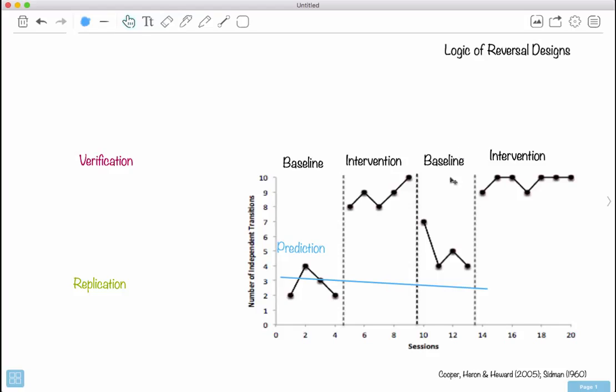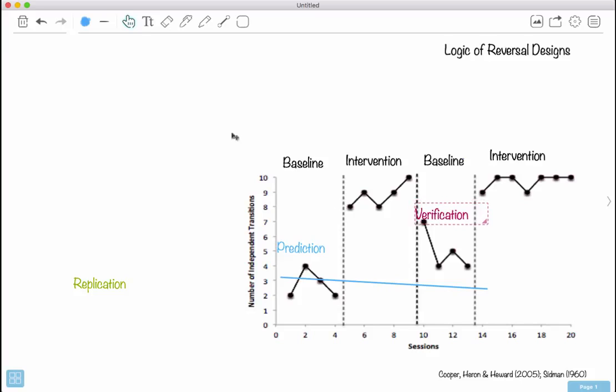So we reverse back to baseline, or we withdraw the intervention, and that's where you get the term withdrawal. Withdraw the intervention, and we see that the baseline is beginning again to show this decreasing trend, this decreasing slope, similar to prediction. It's a little bit higher, but what this does is this second return to baseline is a verification.